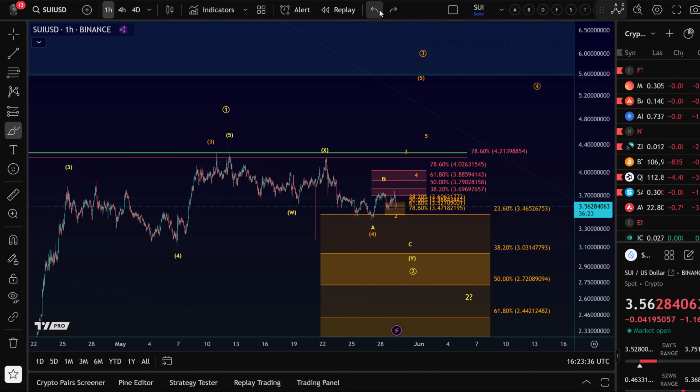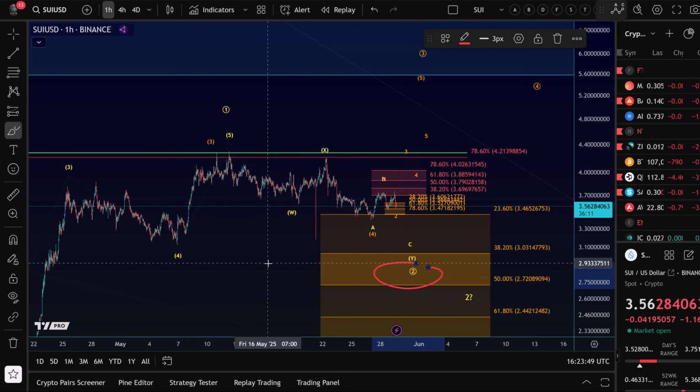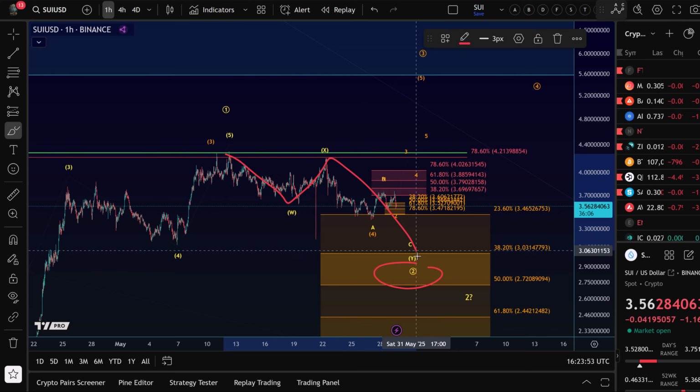And I have to focus on the pathway that seems most likely, most reasonable. That for me is still the yellow scenario in which I'm tracking the wave 2 as a corrective pattern. There are different corrective patterns available. One is specifically the WXY structure. And in the Y wave, we have an ABC pattern.